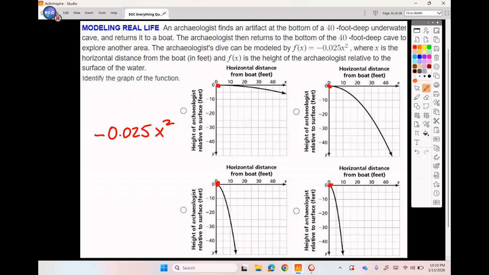Now you can multiply by your negative 0.025, and you get negative 2.5, which means a point that touches our line on the graph must be 10, comma, negative 2.5, because I plugged in that x and it gave me that y. Now let's look at the graphs.